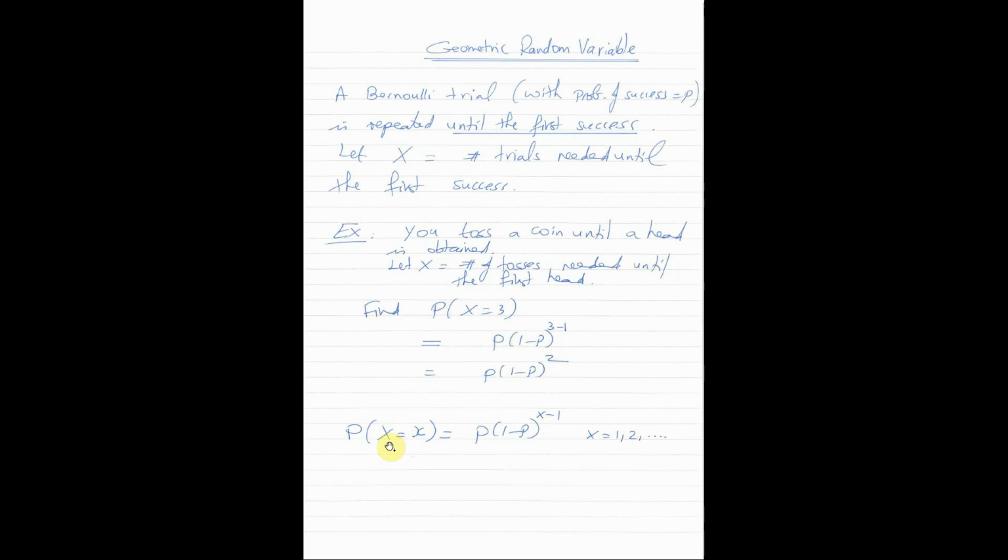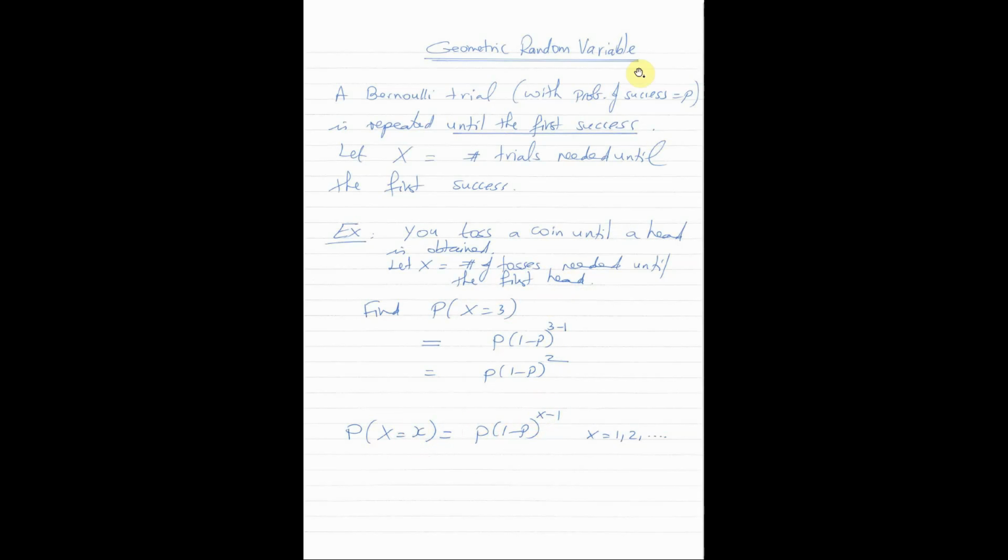More generally speaking, what is the probability that our variable X, do you still remember the meaning of this variable X? X denotes the number of trials needed until the first success. In this example's context, X is the number of times we had to toss until the first head is obtained, and then we stopped after that. So the probability that X is equal to any value x is P, the probability of success, times (1 minus P), the probability of failure, to the power of x minus 1.